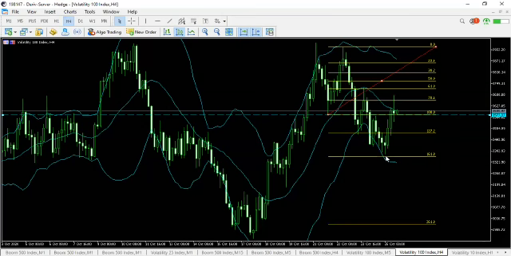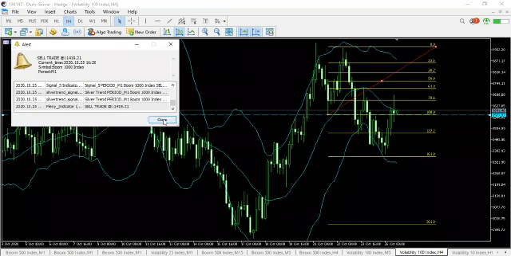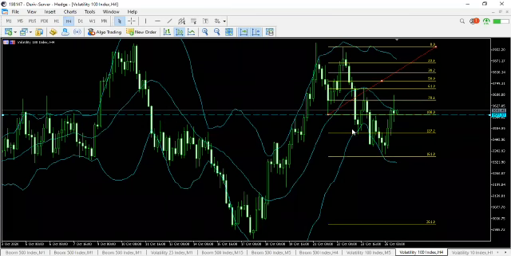Do you see what happened here? Now you have to remember that these things are fluid. It's not a fixed point that, oh, it must get to the 161.8% before you take your profit. You see these long wicks appearing here.